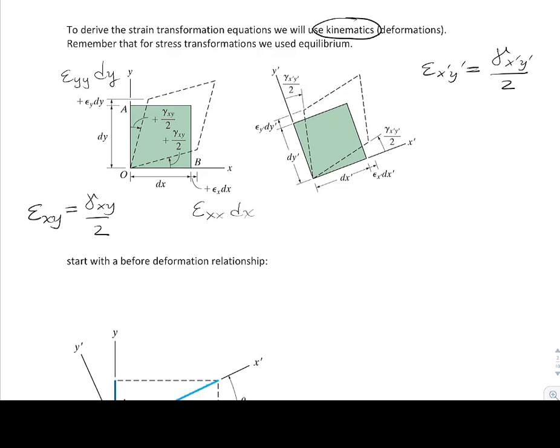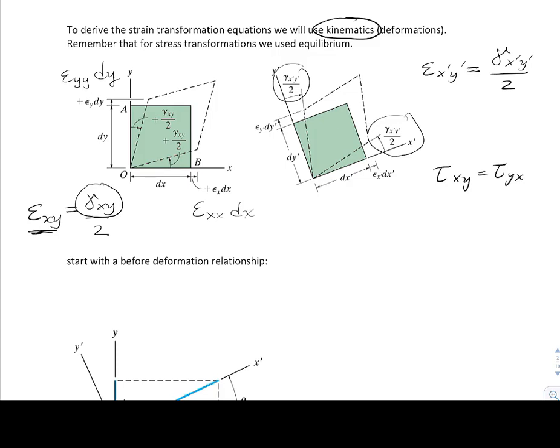One last thing to lay out, and you'll see this on your equation sheet as well, is that gamma, the shear strain, is related to epsilon xy. Those are slightly different, because we're going to take gamma and split the difference. As you remember from equilibrium, tau xy equals tau yx.